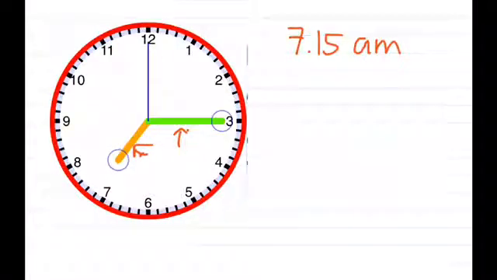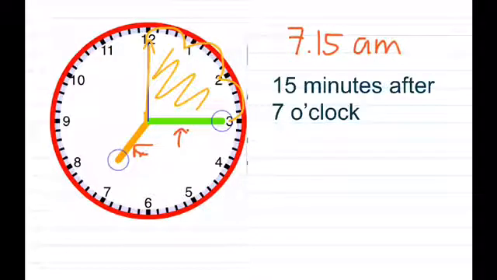In what other way can we write 7:15? How many minutes have passed after 7 o'clock? Looking at the time, we can say that from 7 o'clock, the minute hand moved from 12 going to 3, and that is 15 minutes. So we can say that 7:15 is the same as 15 minutes after 7 o'clock.